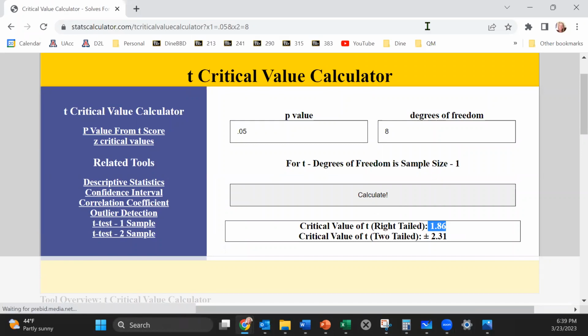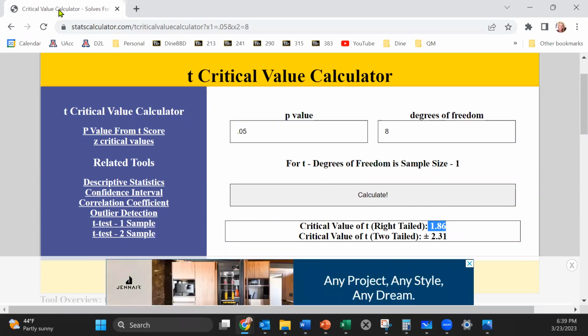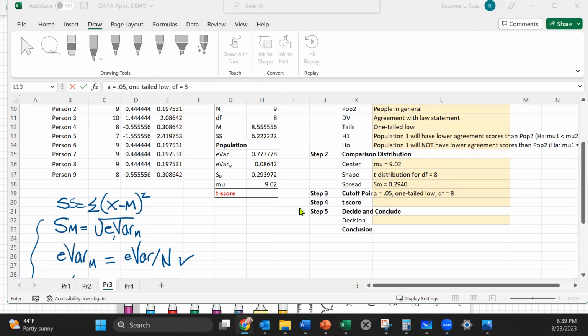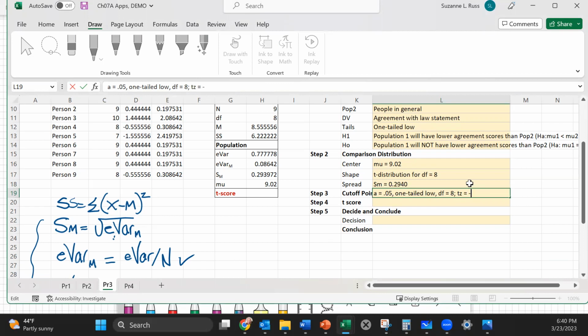We know that we have to go in the opposite direction. We need a negative 1.86 because we have a one-tailed low test. So let's put our cutoff point. T alpha equals negative 1.86. And we can draw this distribution. I'll draw it right here. There we go.